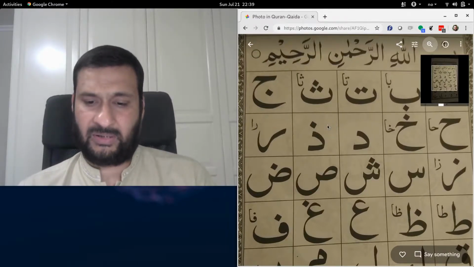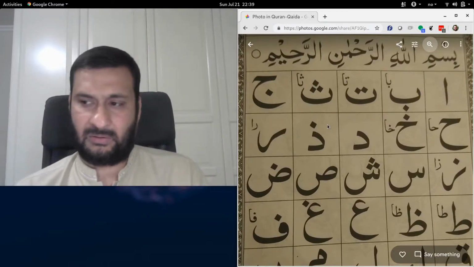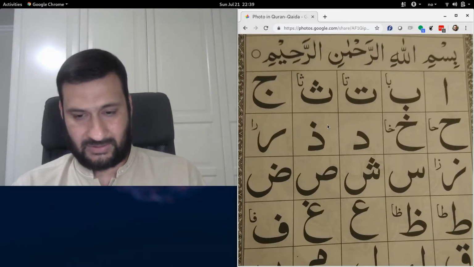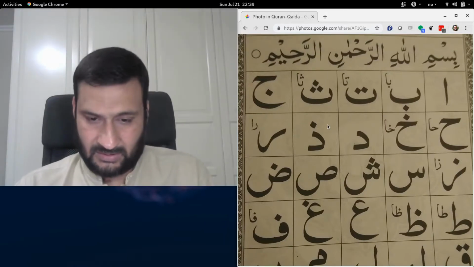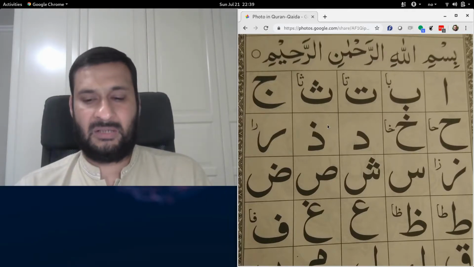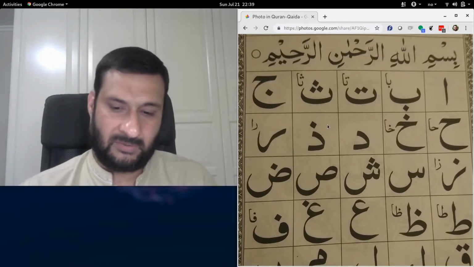Then comes Dhal. Dhal you can closely resemble to Z, but it's not really Z because that's another letter coming up. So the sound is the, and the name is Dhal, and we will come to more details later.